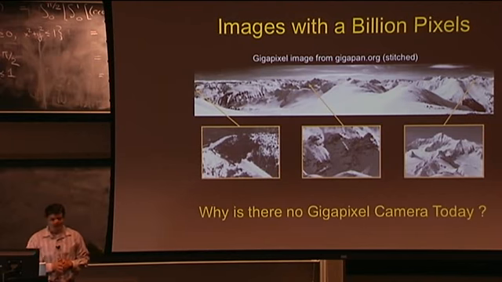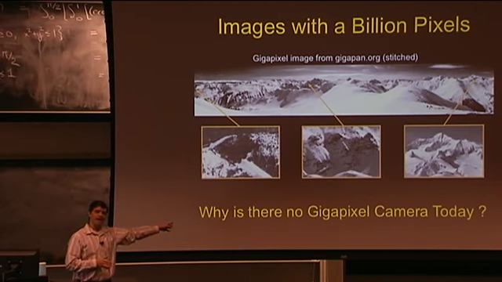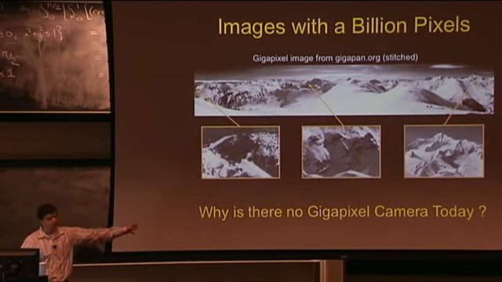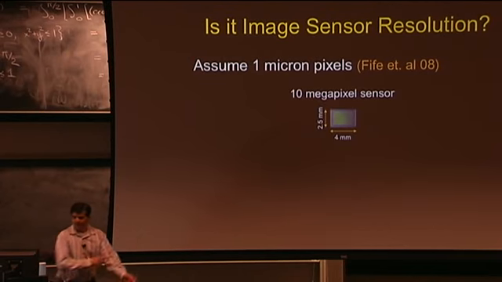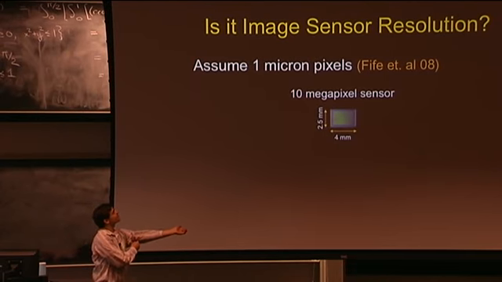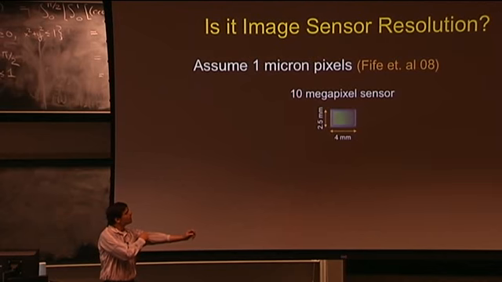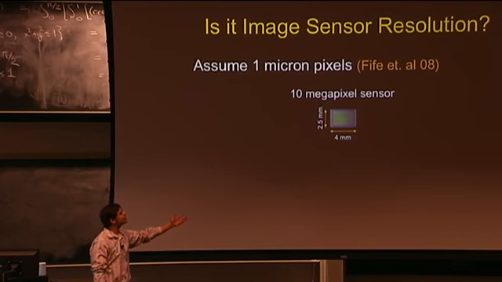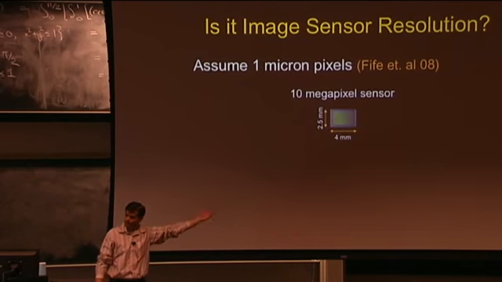So why is it that you can't just go to a store today and buy a gigapixel camera? Simple question, but we'll look a little bit closer into this. The first question you might ask is, is it because of sensor resolution? But we know that CMOS sensor manufacturing technology has advanced to the point that we can produce sensors with pixels as small as 1 micron.